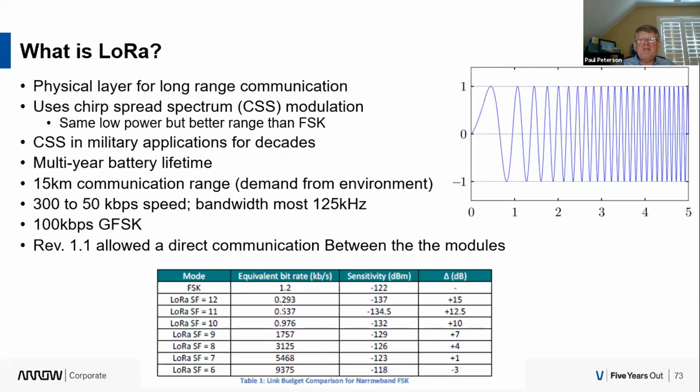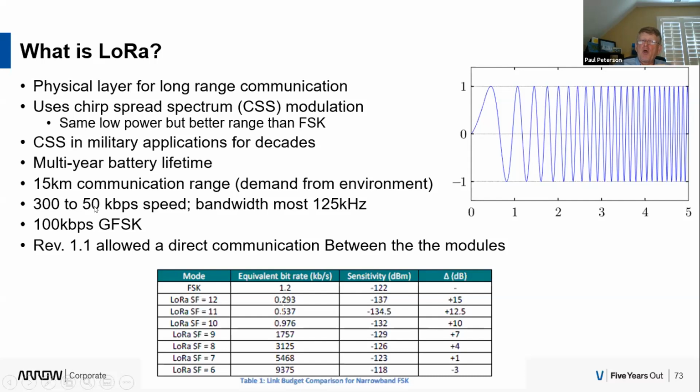So not to get into the science behind it, but LoRa uses what's called chirp spread spectrum. It's very low power. It's feasible to run LoRa off of a coin cell or certainly AA batteries. In some cases, we've actually seen upwards of 15 kilometers of range, and we can get reasonable bandwidth, upwards of say 300 bits per second to about 50 kilobits per second.